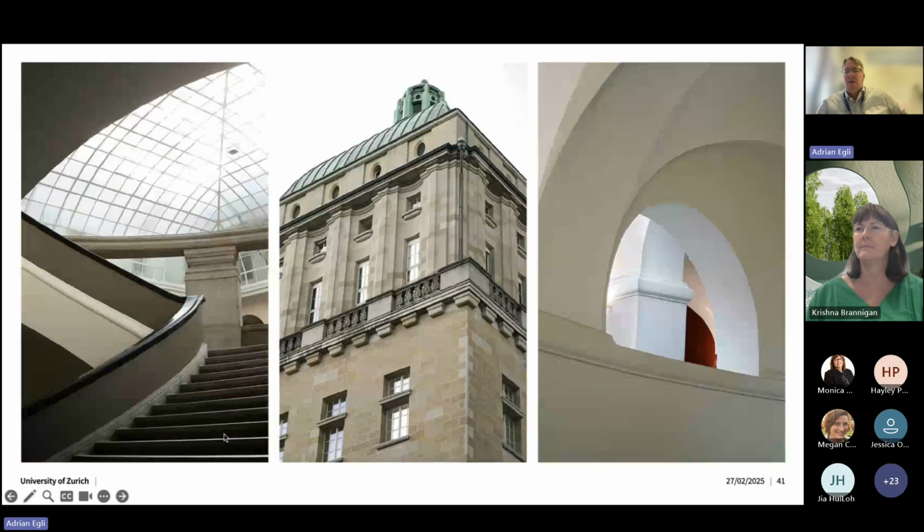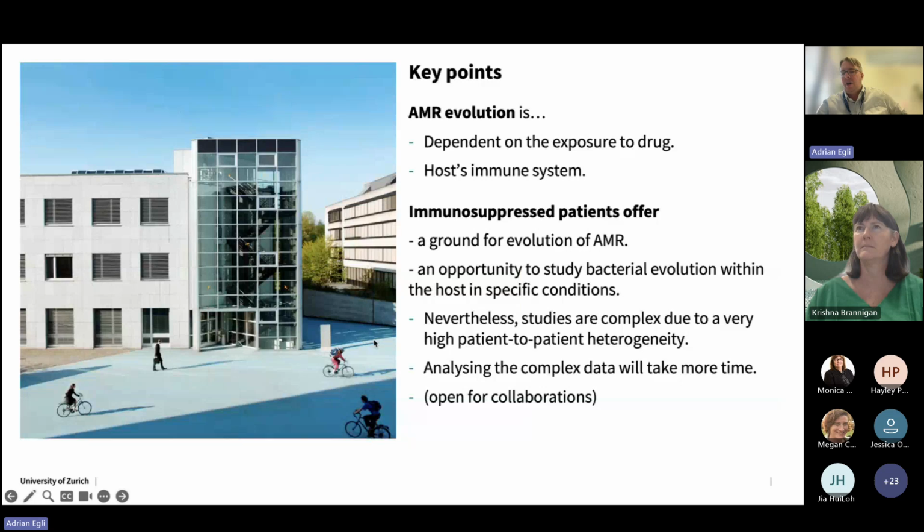Yeah, and I think to sum up this talk, AMR evolution is dependent on exposure to drug. The host immune response plays an extremely important role there, and I think clinically this is not appreciated enough.